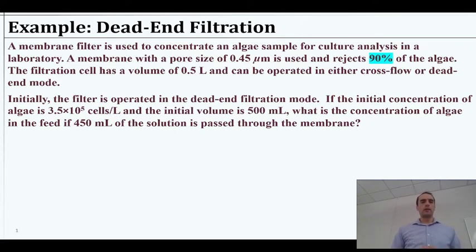We talked about this dead-end filtration example last time where we pushed a certain amount of water through a filter, and it was essentially a mass balance at the end of the day. It was just flavored by the fact that we were using a membrane to separate the concentrations.